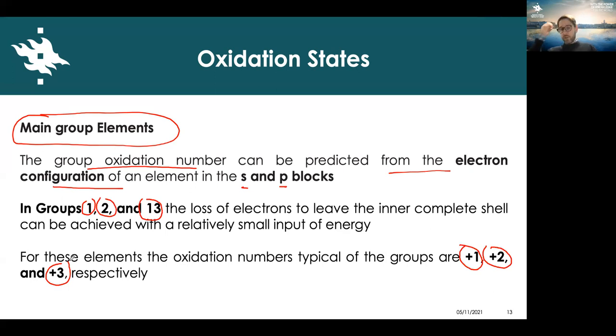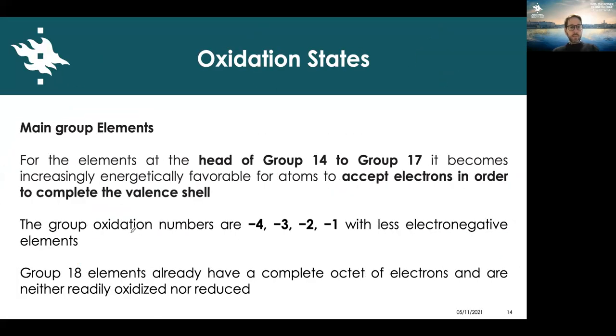Therefore, they will have the tendency to lose electrons to achieve a complete inner shell configuration. And this can be achieved with a relatively small input of energy. So that's why these are the stable oxidation states for these elements.